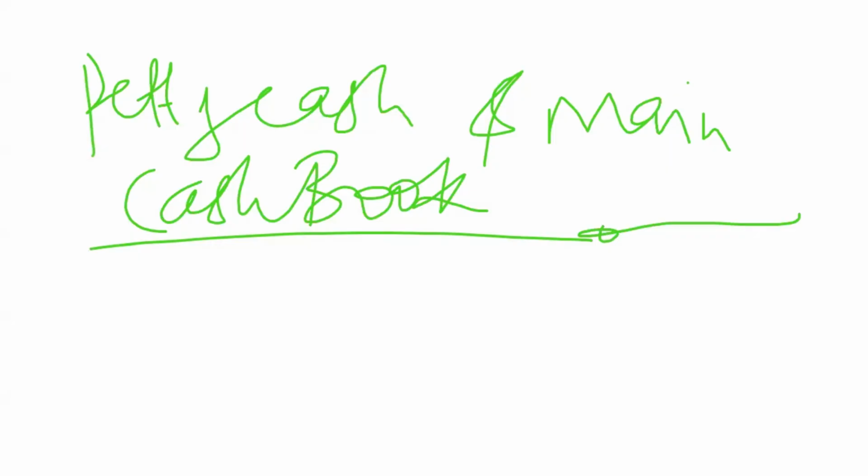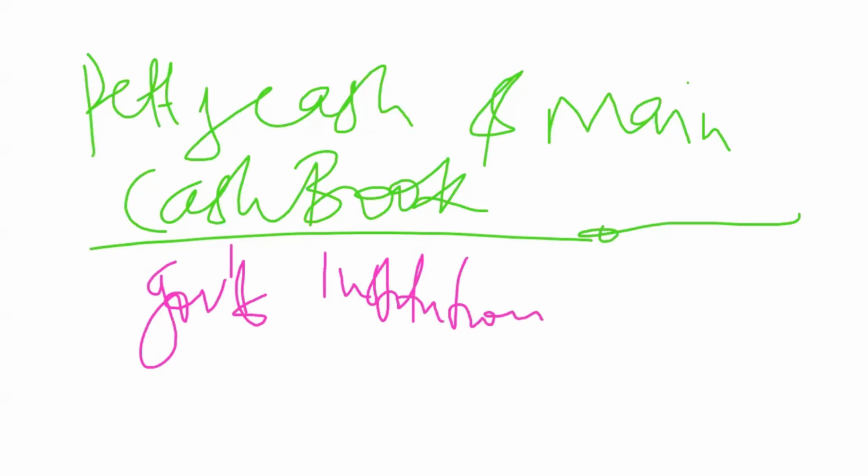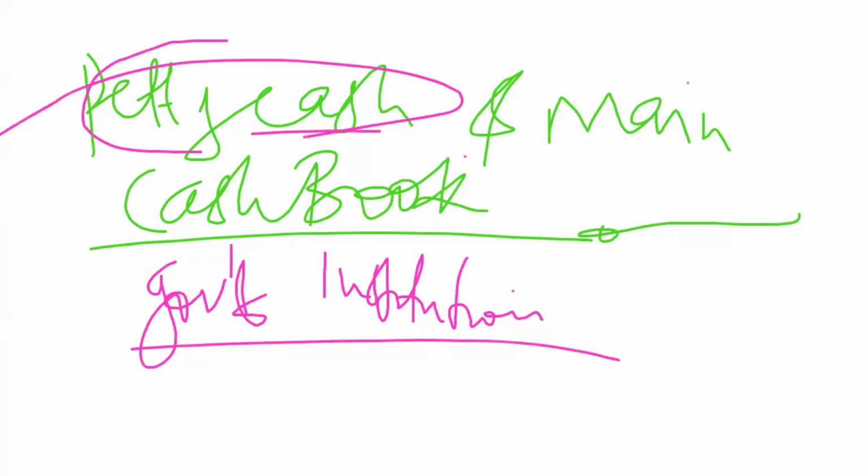Because if you look at some of the examples, of course, we have the government institutions. That's what they do. They combine the petty cash systems with the main cash book systems. So you find that their cash book system is the same as their petty cash system. You find these companies recording all the petty cash and the main cash expenses in the cash book.